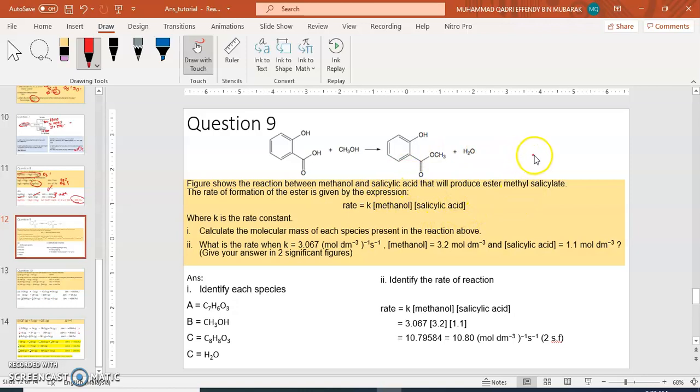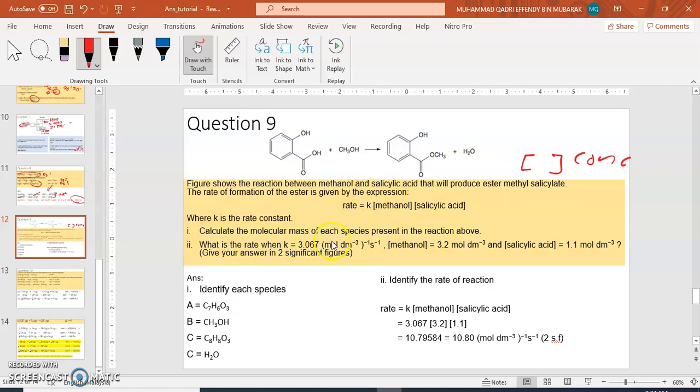In chemistry, this sign means concentration. K is a constant. The question asks for 2 components: the first is to calculate the molecular mass of each species, and the second is to calculate the rate of the reaction using the formula given.